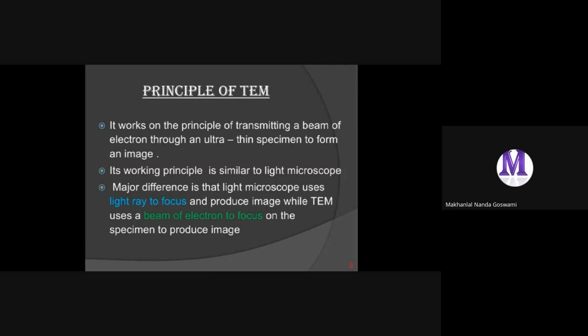The transmitted electrons carry detailed information about the internal structure, which is projected as a highly magnified image onto a screen. Due to the short wavelength of electrons compared to visible light, TEM achieves resolution at the atomic scale, revealing fine structural and compositional details of the specimen.